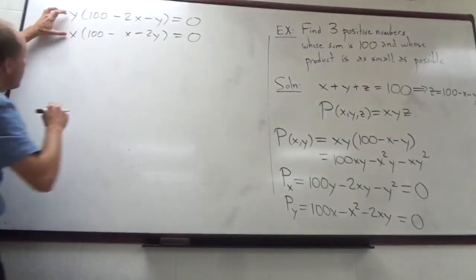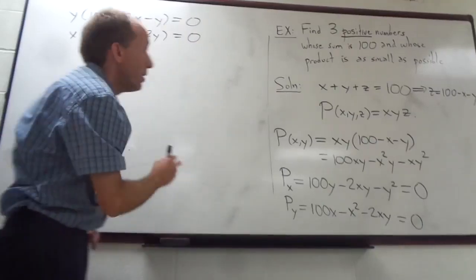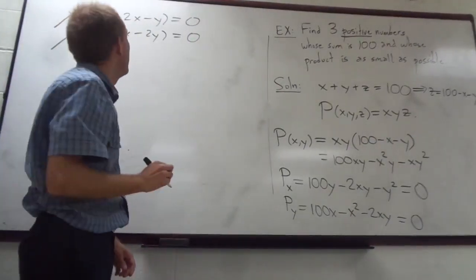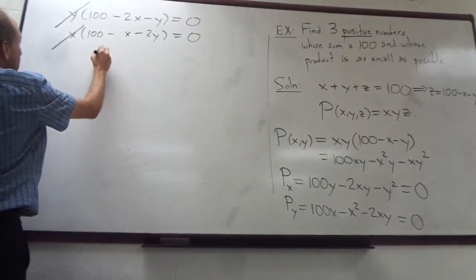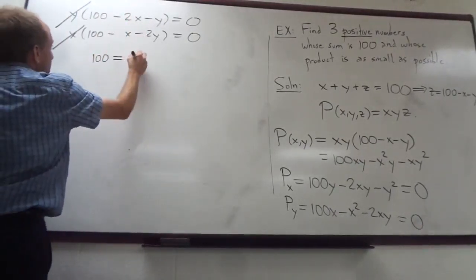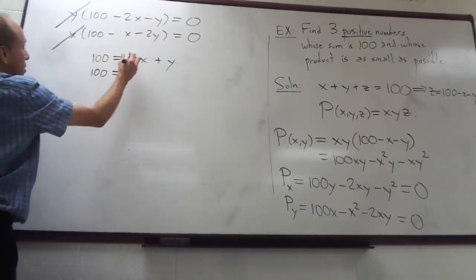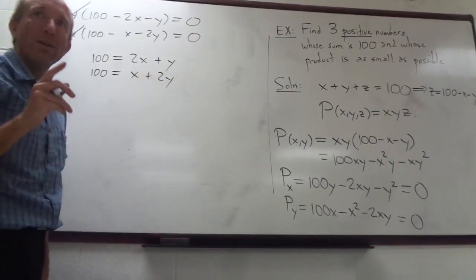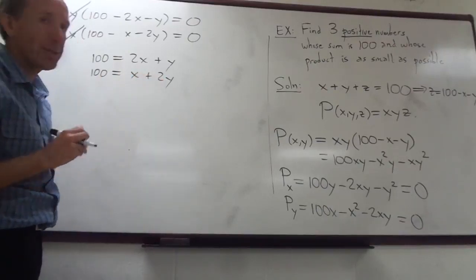But because x and y are positive numbers, then I know I can cancel them. They're not going to be 0. So I just leave myself with these other two equations. So let me move the 2x and the y to the other side, and I'll do the same thing on the second equation. I'll move the x and the 2y to the other side. So 2x plus y is 100, and x plus 2y is 100.